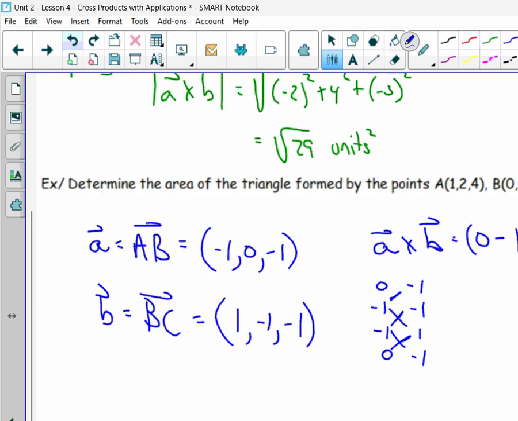I'm thinking we're going to get negative 1, negative 2, and positive 1. That's my vector. I want its magnitude. So I'm going to take A cross B, take its magnitude. So we're going to square our components. 1 squared, 2 squared, 1 squared. I think that's 6. So we get the square root of 6.